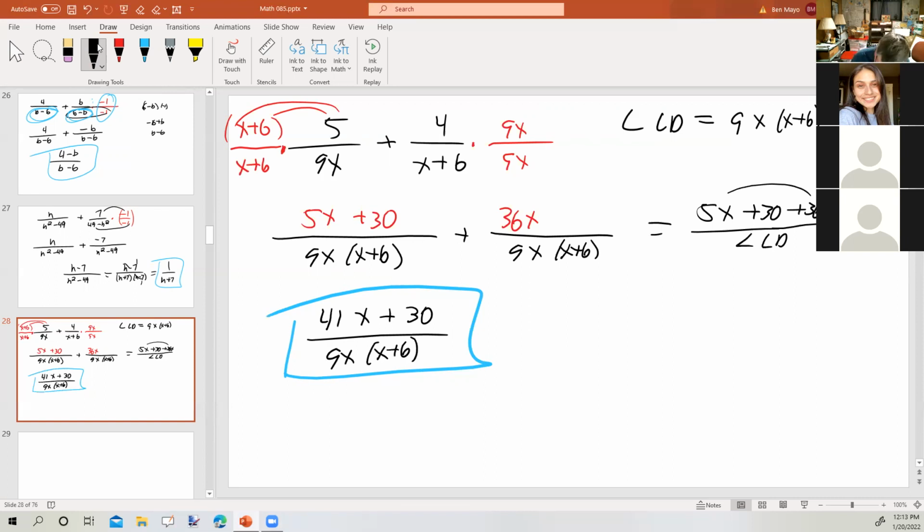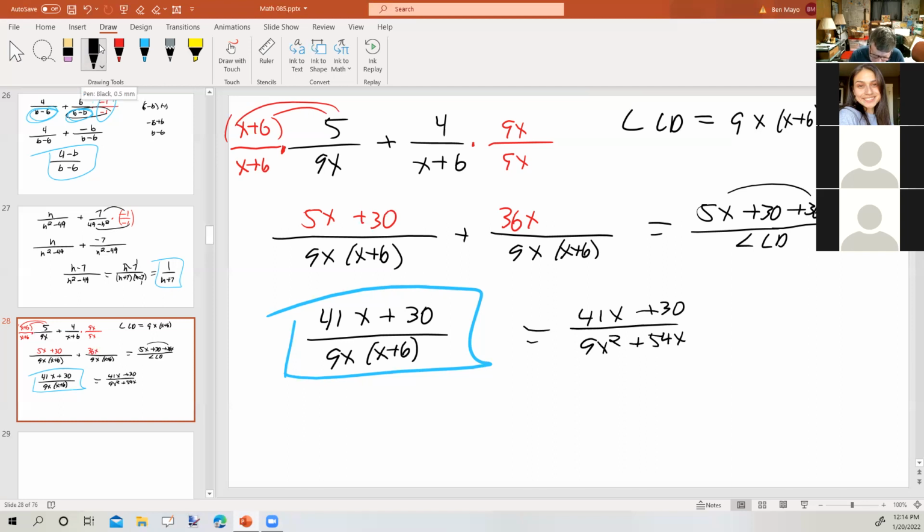So like if you wrote 41x plus 30 over 9x squared plus 54x, that is equally correct. Ultimately, the form you leave it in depends on what you're going to do with it next. So like if we were going to take this answer and do something else with it, that would dictate whether to leave it factored or multiply it out. But since this is the end of the problem, it doesn't matter either way, okay?